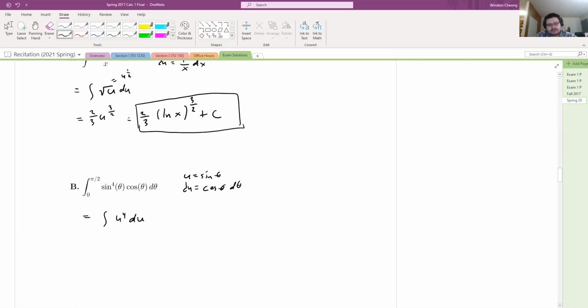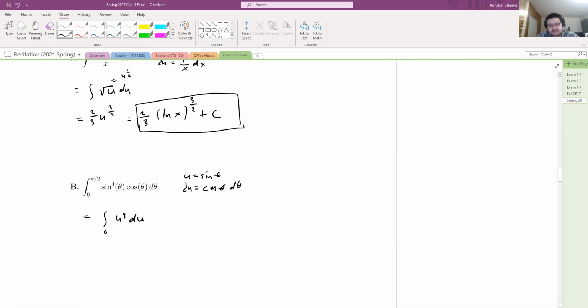But since it's a definite integral, we also have to convert the limits over. Or we could just say not to, but then we would have to back substitute to get back to the theta world and then evaluate in the theta world. Either way, we still have to do things involving these trig values. So we may as well switch over the limits, I guess. All right, so if theta equals 0, sine of 0 is going to be 0.